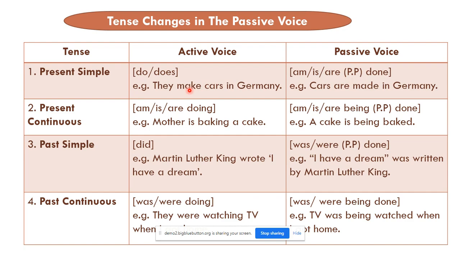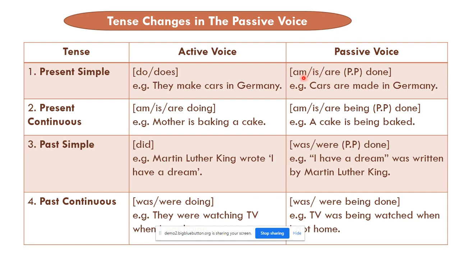Our verb here is make, and as we said last time, for make we have three forms of the verb. The basic form, which goes in the present simple. The second form, which is the past one. And the third form is the past participle. So the three forms are make, made, made.